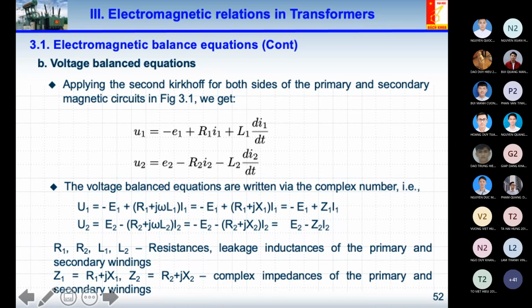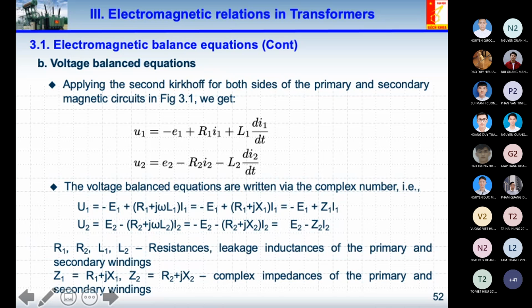It means that in this one I made a mistake here, but you need to correct it on the slide, with a dot here. And also, for the normal e1 we get capital E1, and R1 also.